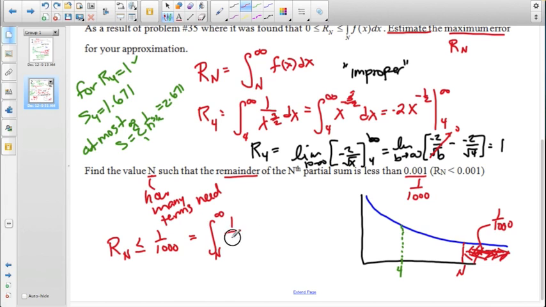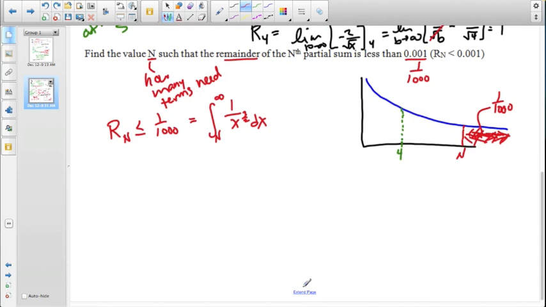So 1 over x to the 3 halves dx. And so when we integrate this, and I integrated it before, we know we get minus 2 over the square root of x. And we're talking about looking at the limit of that from b to infinity.